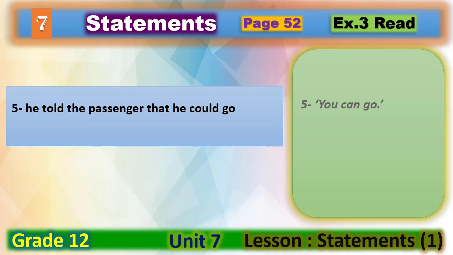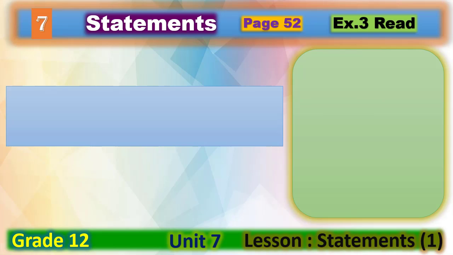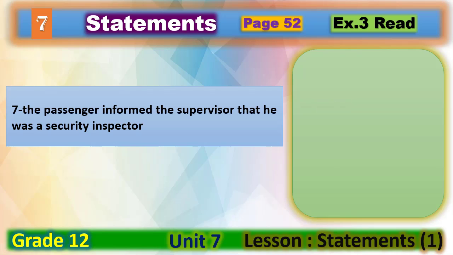You can go. He ordered him to stop. Stop. 7. The passenger informed the supervisor that he was a security inspector. I am a security inspector.